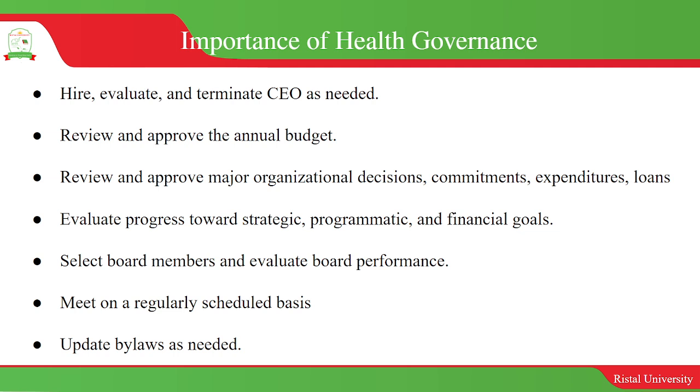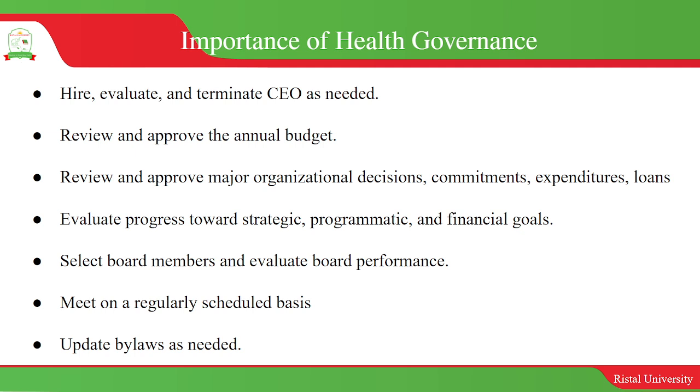The board can actually decide to fire the CEO, the chief executive officer, and after firing, of course, they recruit a replacement. So the board plays an important role in deciding who the CEO of the organization will be. So it keeps the CEO in check. If the CEO is not performing according to the expectations, then they can be fired, and then another person is recruited.